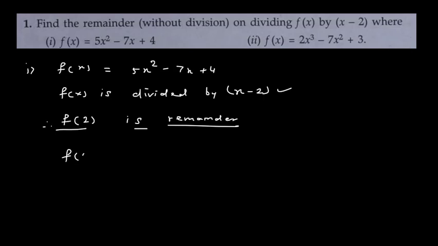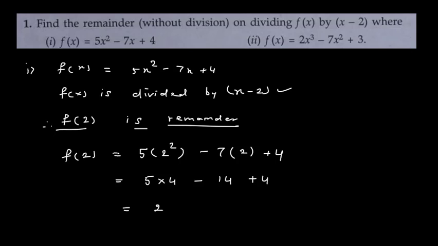Now f of 2 is equal to, f(x) is 5x square minus 7x plus 4. So here it is 5 into 2 square, minus 7 into 2, plus 4. This gives me 5 into 4 minus 14 plus 4.